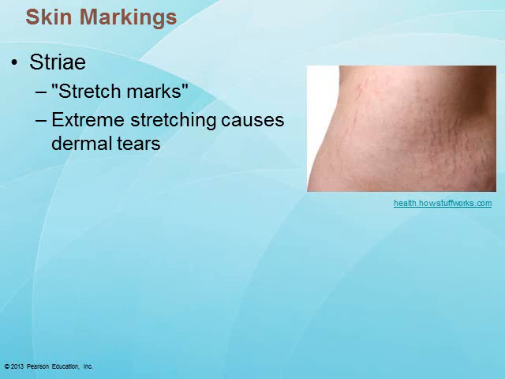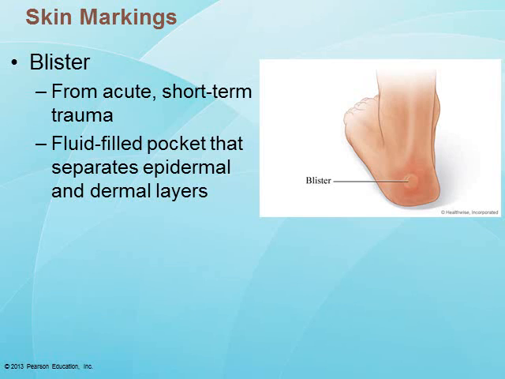Okay, and the third skin marking is a blister. Everyone has had a blister before, especially if you wear a pair of shoes that don't fit too well. It normally gives you a blister like this. It's normally formed due to acute, short-term trauma and forms a small pocket filled with fluid. This pocket of fluid is located between the epidermal layer and the dermal layer, so it's between the epithelial and connective tissue.